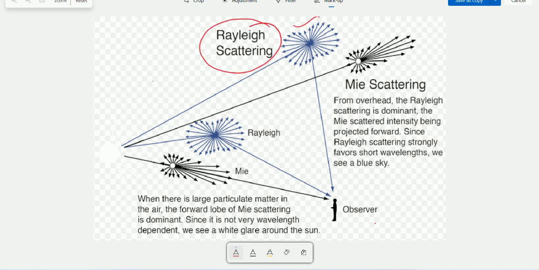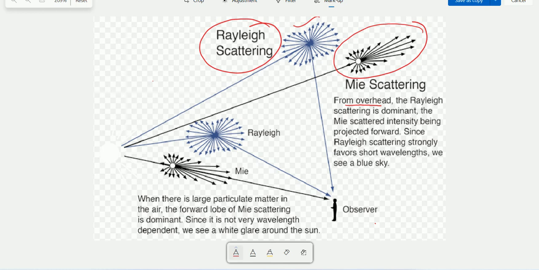This is how scattering takes place by the gas molecules, and it is very effective when we see the sky overhead. From overhead, Rayleigh scattering is dominant, and the other scattering type, this is what I call Mie scattering. It is caused by the bigger particles, mainly by the dust particles.